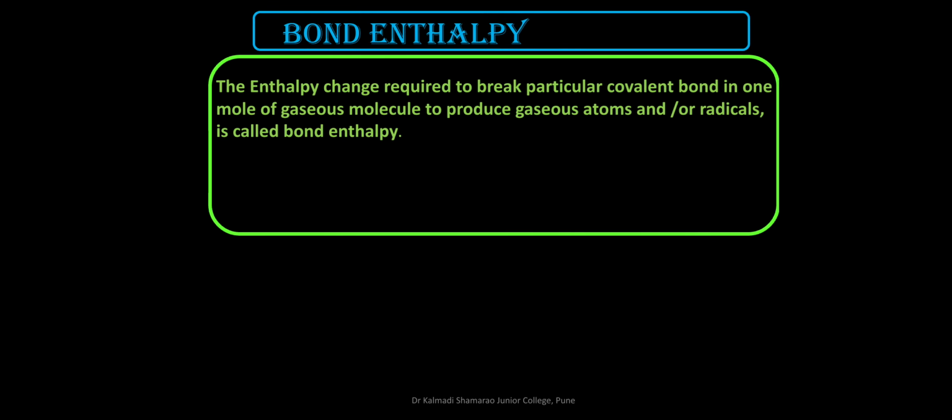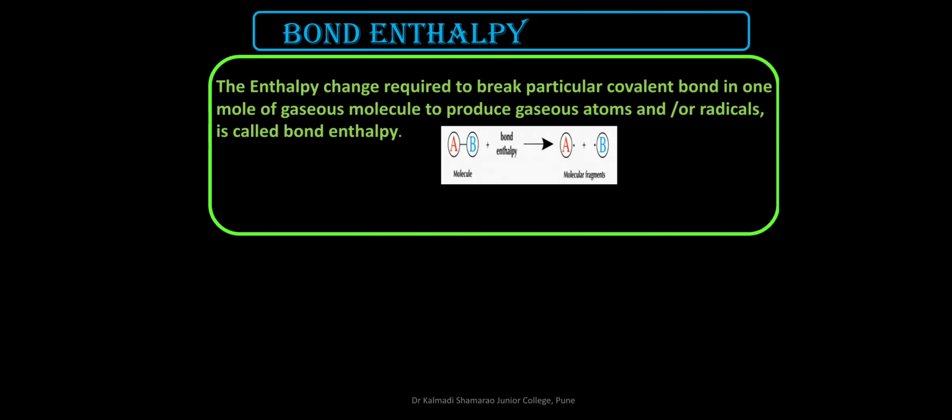Let us now see a very important concept, that is bond enthalpy. Now what is bond enthalpy? The enthalpy change required to break a particular bond in 1 mole of gaseous molecules to produce gaseous atoms or radicals is called bond enthalpy.